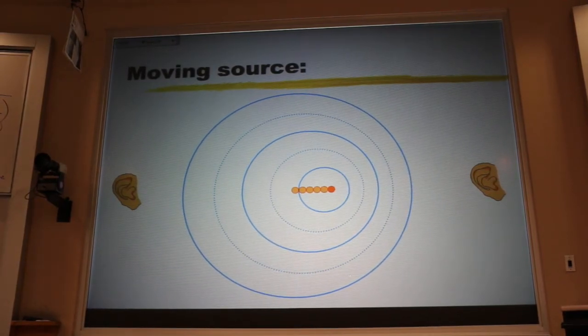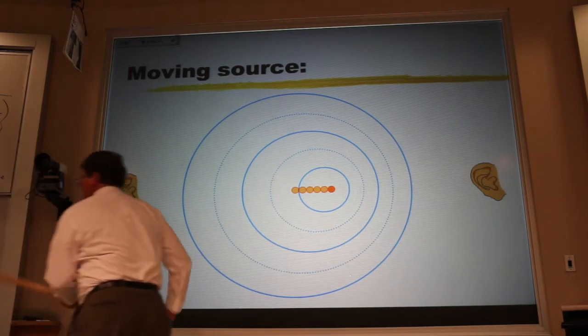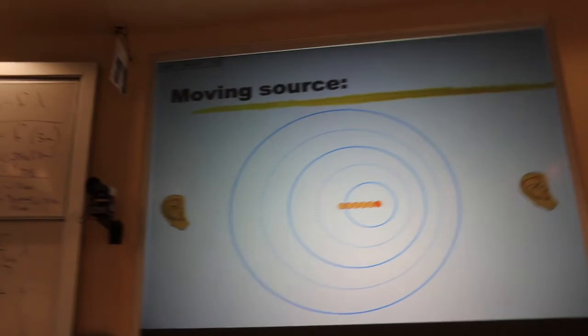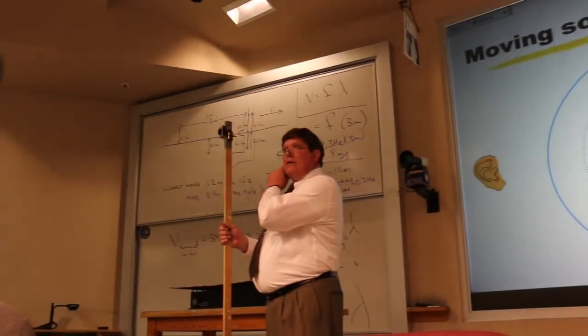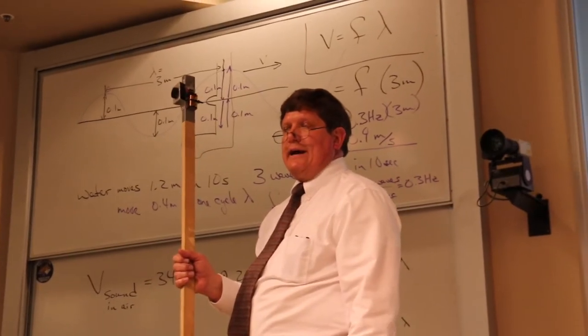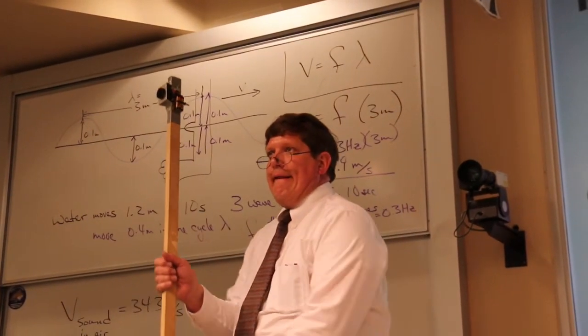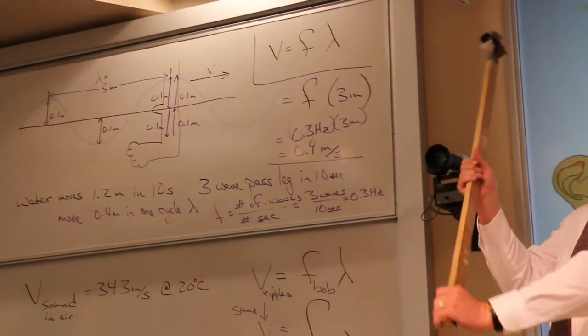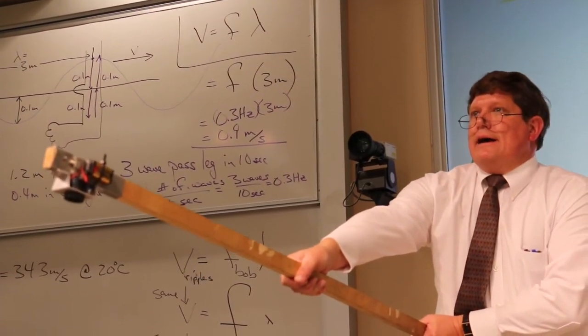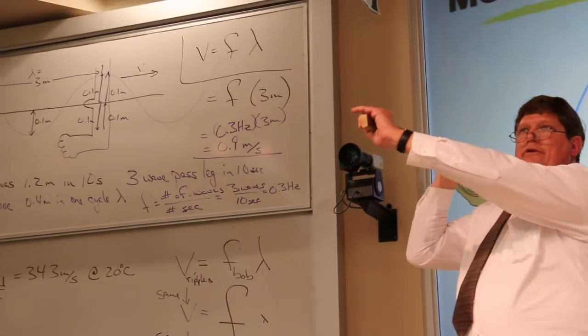However, I can help you experience this with this source. What you're hearing now is the rest frequency, the source frequency. Okay? Memorize that. As it's coming towards you, you hear something higher. As it's coming away from you, you hear something lower.